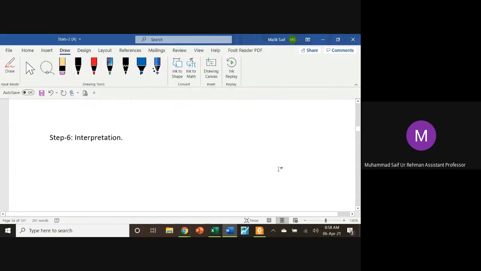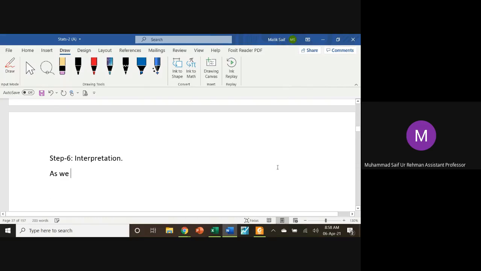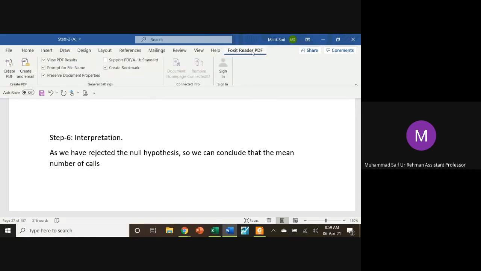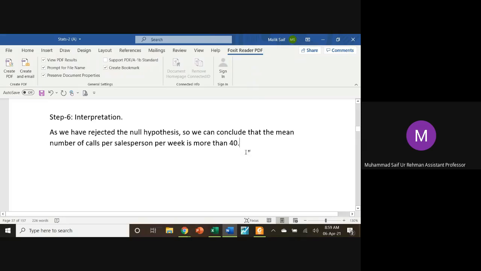So you may write down this statement as: we have rejected the null hypothesis, so we can conclude that the mean number of calls per salesperson per week is more than 40. So in this way, you will solve the question.